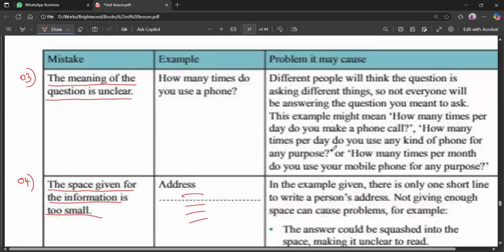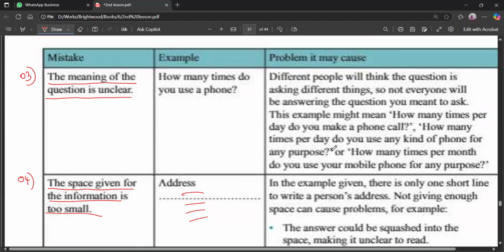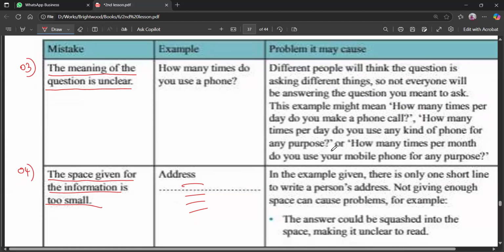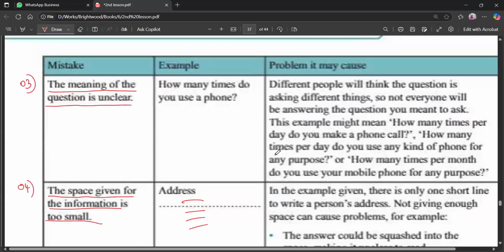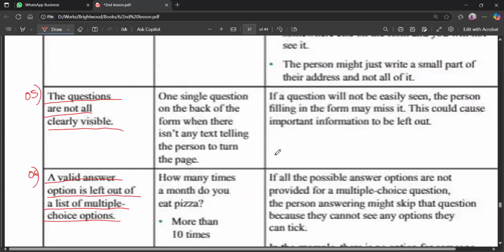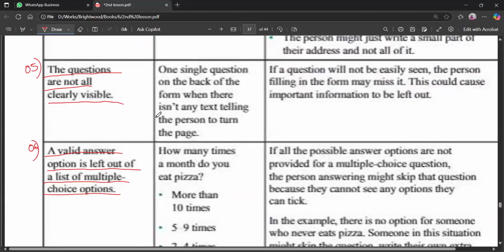Sometimes the space given for the information is too small. For address, only one line is given, for example. The space is too small. And next, the questions are not all clearly visible.